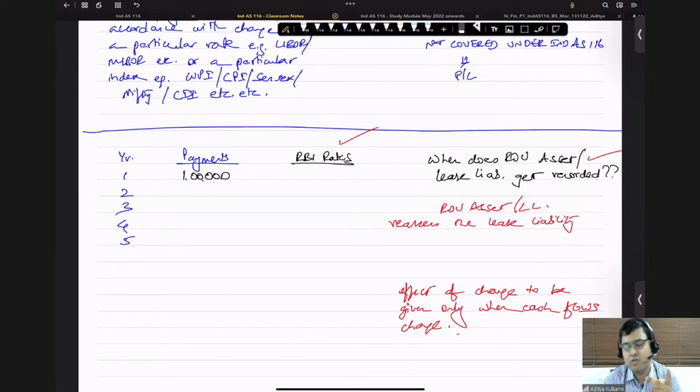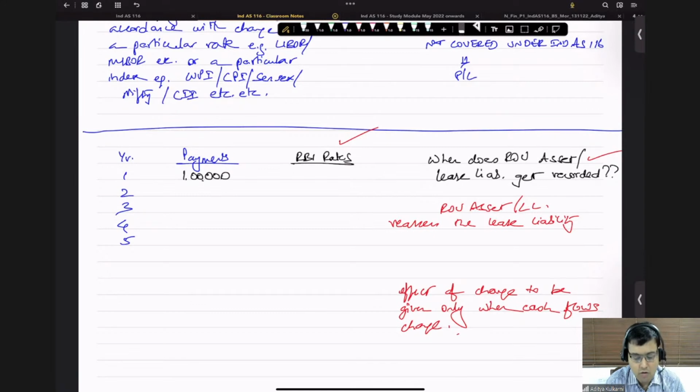But the cash flows will change every 2 years or 3 years or 5 years or whatever it is. Okay. So the restatement will not be done every year. But yes, the restatement will be done based on the cash flows whenever it gets modified, whenever it gets changed.